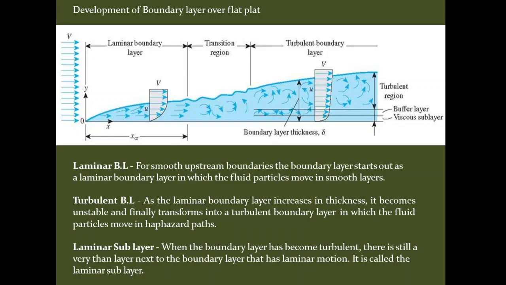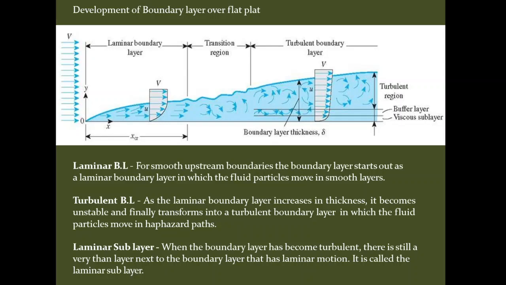Then the laminar boundary layer becomes unstable, and the motion of fluid within this boundary layer will also become unstable. It will get disturbed, it will get irregular in pattern, and this will lead to the transition from the laminar boundary layer to the transition boundary layer.